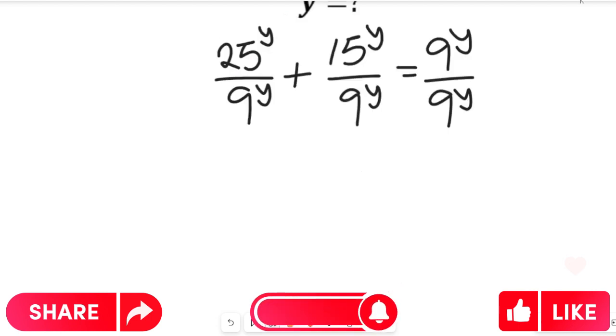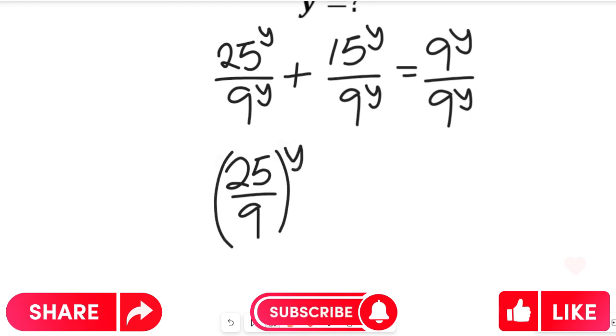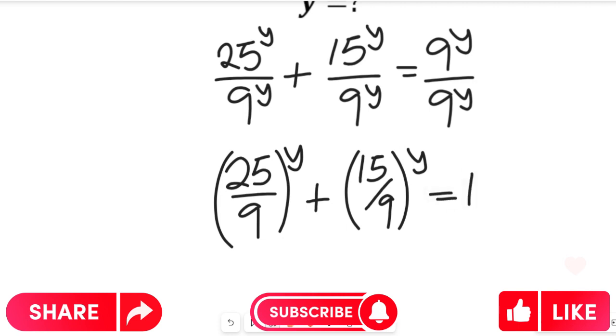So this will give us (25 divided by 9) all to the power of y, plus (15 divided by 9) all to the power of y, and this will be equal to 1.